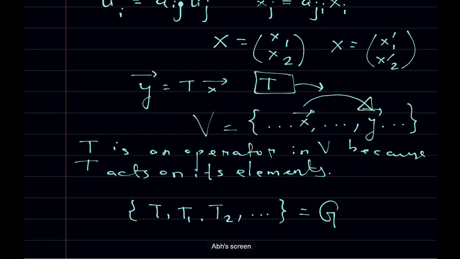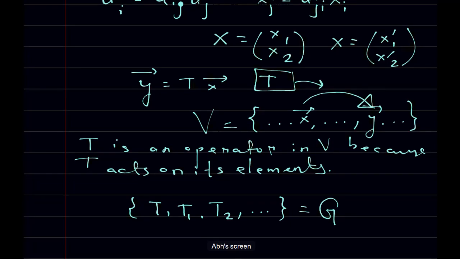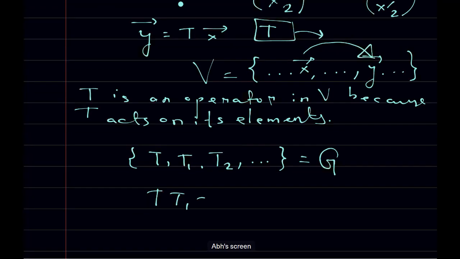For example, if you have operator T, you act it with T1, and somehow you get T2 which also belongs to G, and so on. So T is actually a group operator if it belongs to some set which forms a group. We are assuming that we are working with a group of operators acting on V, so I can rightfully say that my T is a group operator.